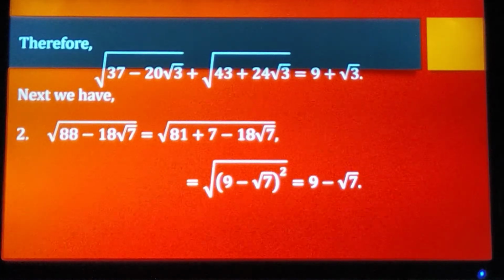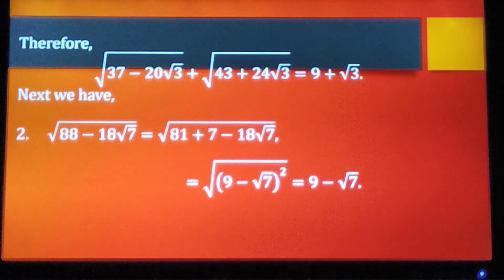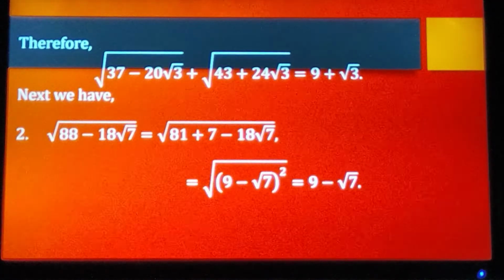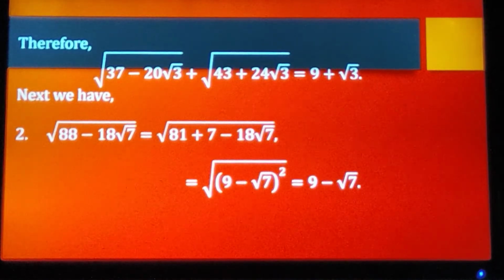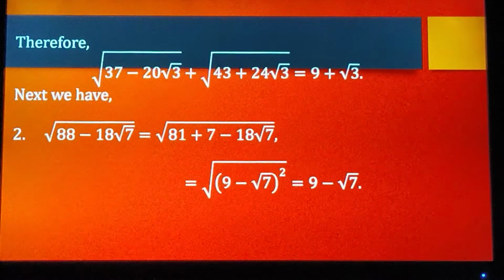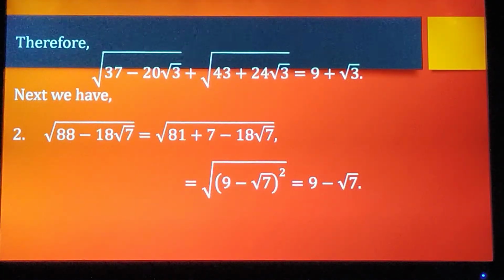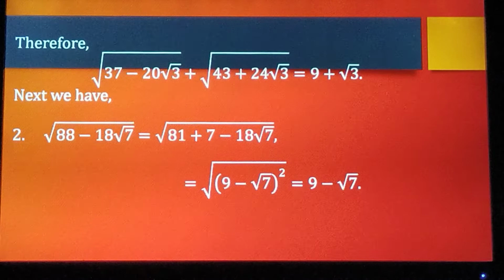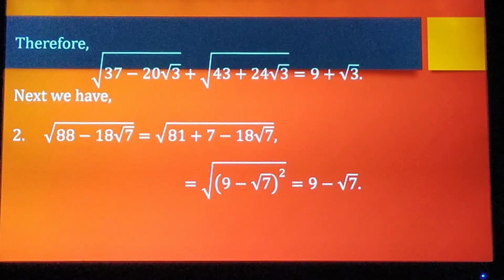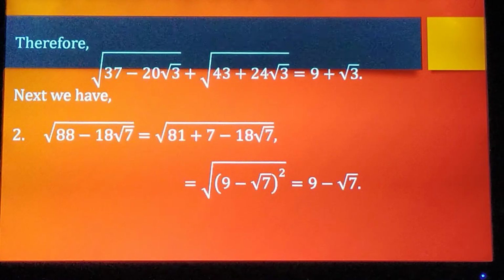And the second, we have the square root of 88 minus 18 plus 7 times the square root of 7. Again, think of all the possible perfect squares smaller than 88. Since the radical is 7, and 7 is 1 times 7, and 1 is a perfect square, 81 is also a perfect square. So this satisfies our condition that 88 should be written as the sum of a perfect square and a square multiple of the second radicand.